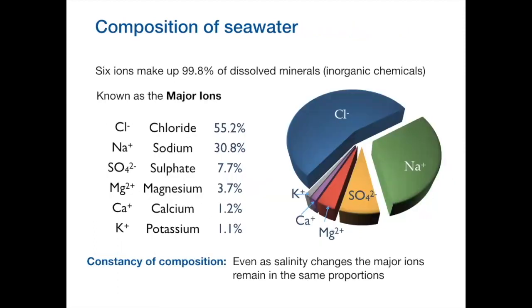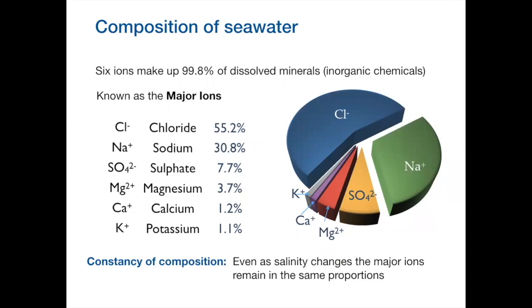Seawater is made up of 6 main ions, and then there are a bunch of very minor ions, but 99.8% of the dissolved inorganic material in seawater is just these 6 major ions. So it's important to know what these are. So chlorine, sodium, sulfate, magnesium, calcium, and potassium.